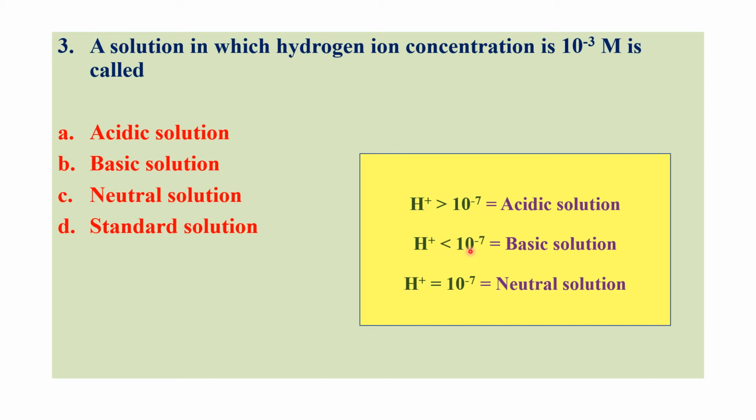If it is less than 10⁻⁷, then it will be basic, and if it is equal to 10⁻⁷, then the solution will be neutral. Now the question is 10⁻³ molar. It is greater than 10⁻⁷, so the solution will be acidic.